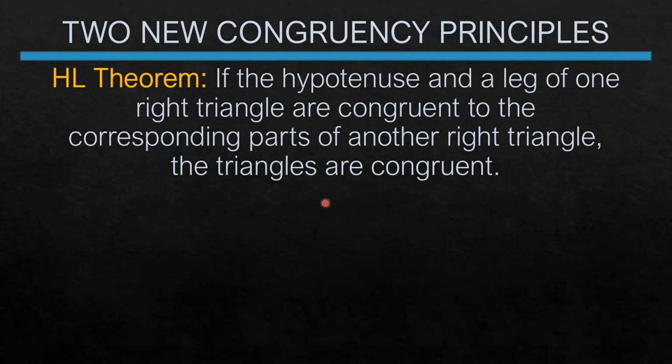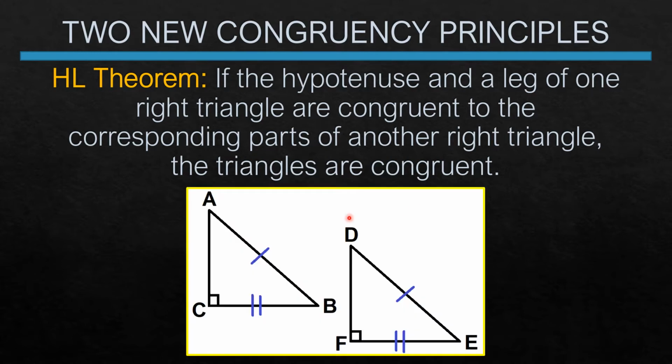The HL theorem states that if the hypotenuse and a leg of one triangle, particularly a right triangle, are congruent to the corresponding parts of another right triangle, the triangles are congruent. In the illustration, triangles ABC and DEF are right triangles.